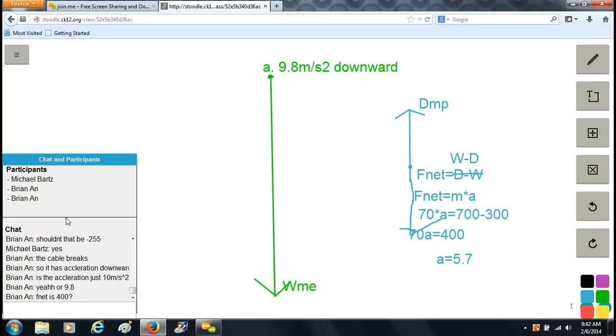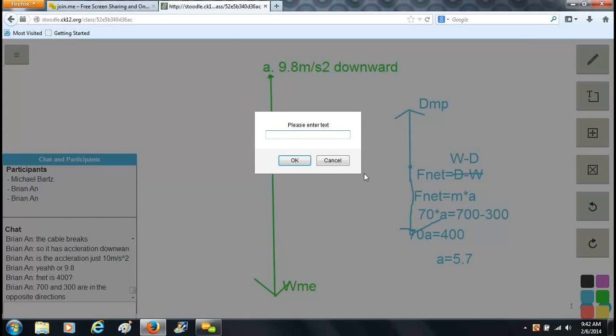Well, actually, the acceleration is downward, so if we wanted to add to this, I'm going to add on here. We probably should say meters per second squared.